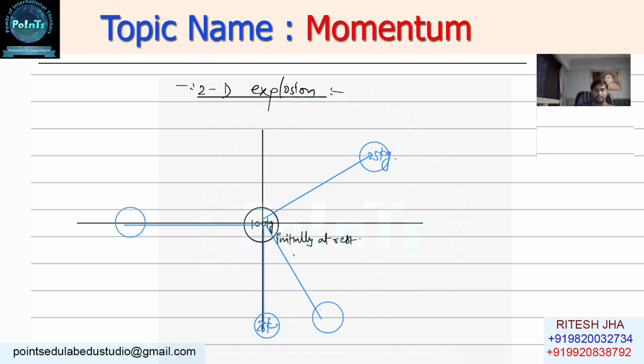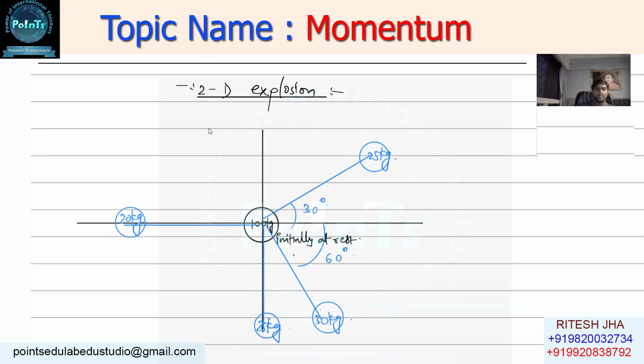This is 25 kg. This is 30 kg, and this one is 20 kg. Now this one is 50 kg, since 20 plus 30 is 50. My bad. And this one is at 60 degrees.